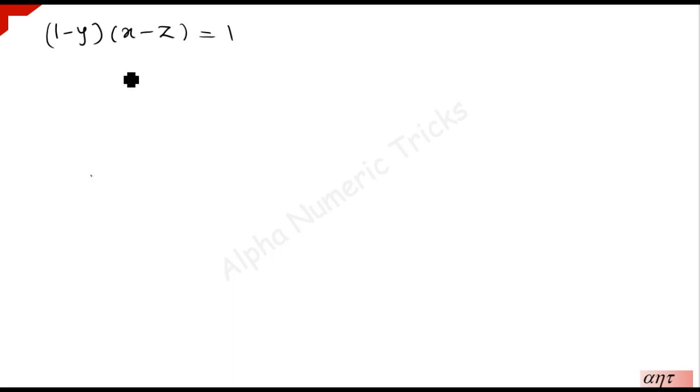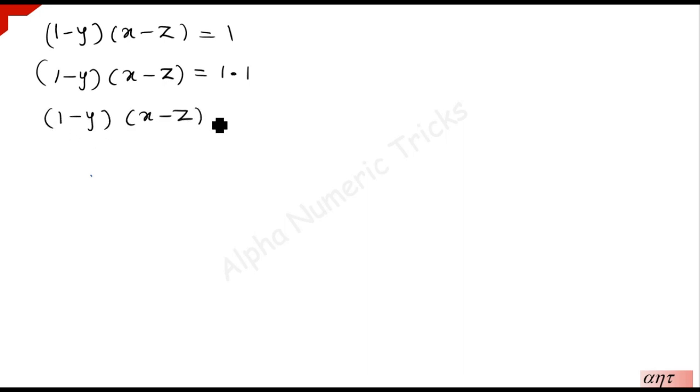Or you can write this as 1 minus y times x minus z is equal to 1 times 1. Or you can write this as 1 minus y times x minus z is equal to minus 1 times minus 1. When you multiply minus 1 into minus 1, it becomes plus, so you get the same answer.